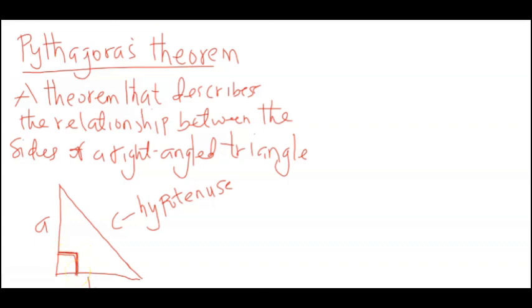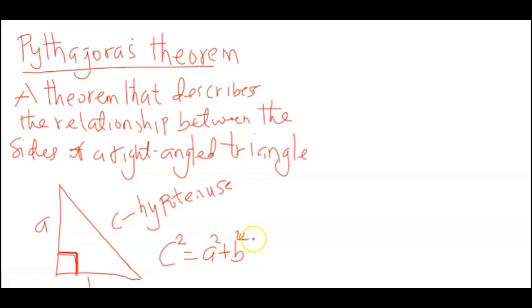And you can see from the diagram that the right angle is opposite to the hypotenuse, which is the longest side. So Pythagoras is saying that if you have a right angle triangle, then this identity holds. You can write that C squared is equal to A squared plus B squared.